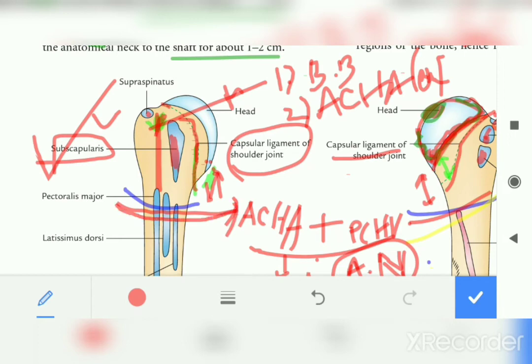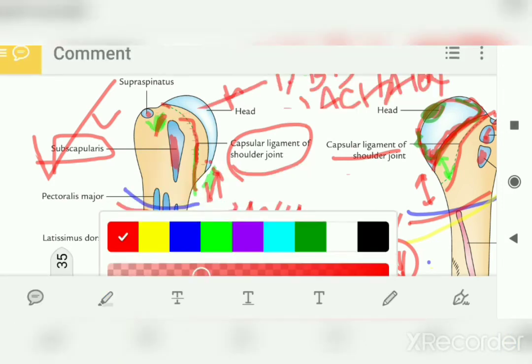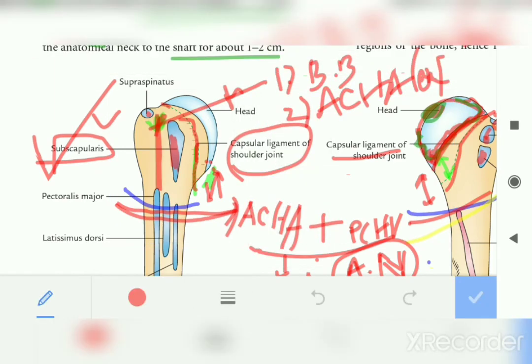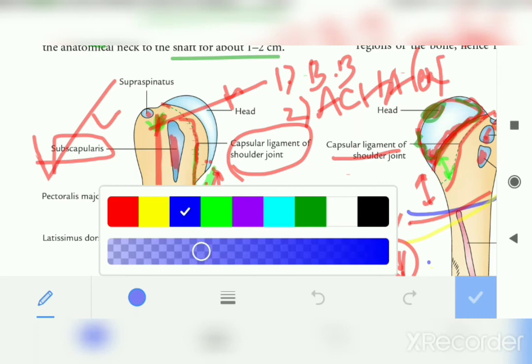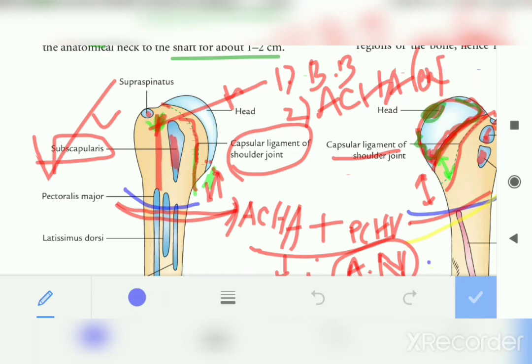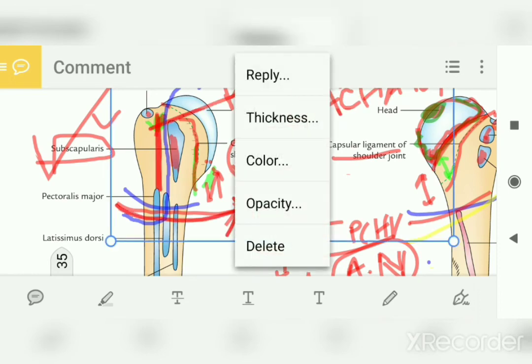So its ascending branch ascends and passes through the bicipital groove. So what are the contents of the bicipital groove? Number one is the tendon of the biceps brachii with its synovial sheath, and number two is the ascending branch of the anterior circumflex humeral artery.